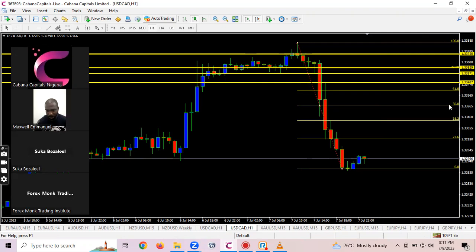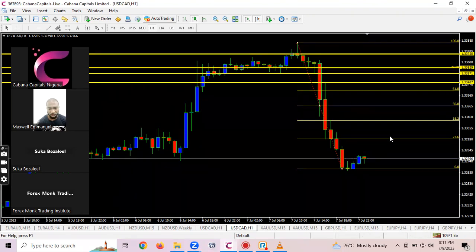Anything above 50 is said to be premium. 50 is equilibrium. Anything below 50 is referred to as discount. And anything above 50 is premium.